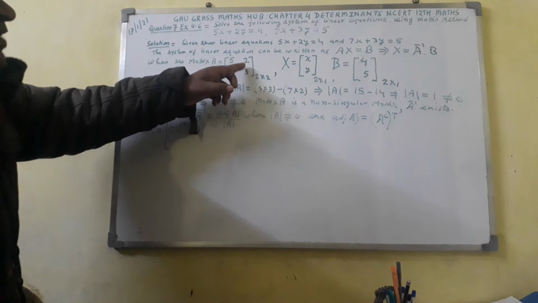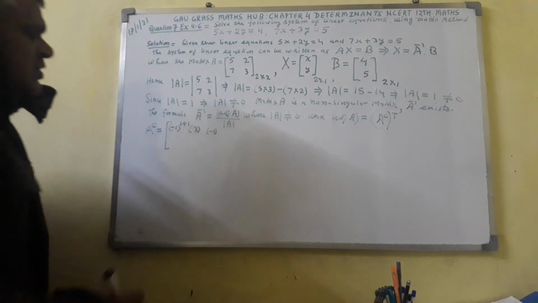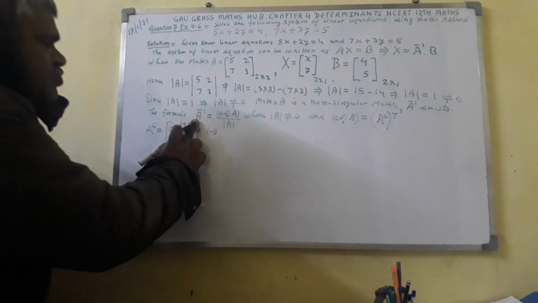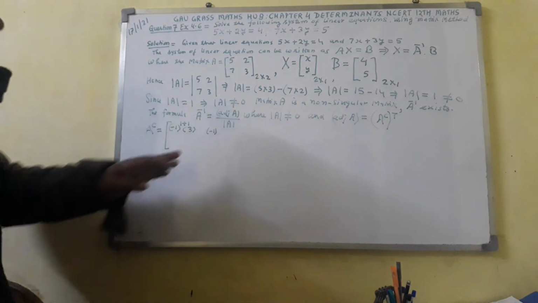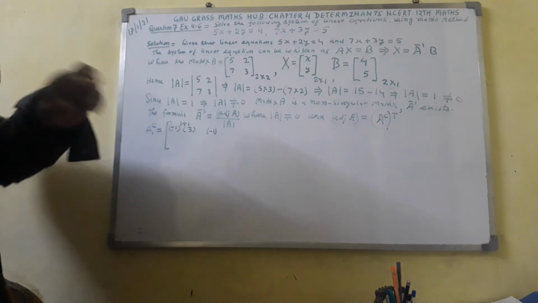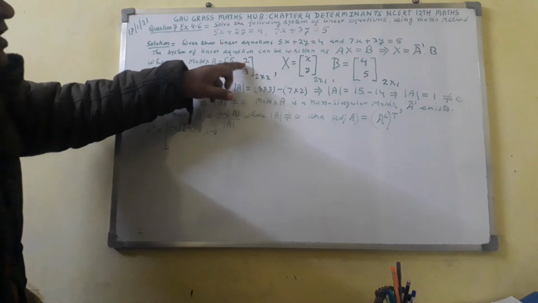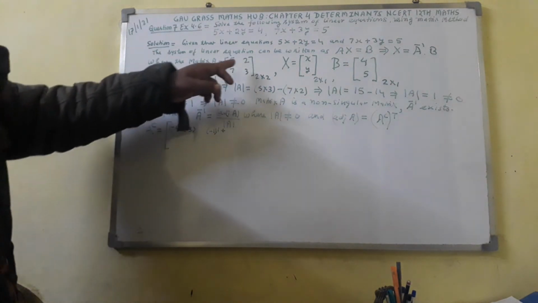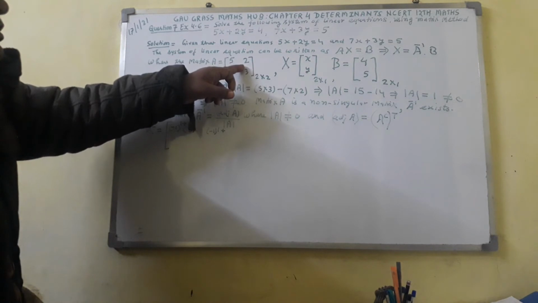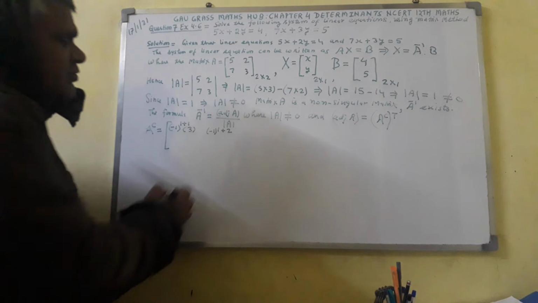Now take this element. Here write -1 raised to the power. For this element 2, 2 is there in first row. For first row I shall write here 1 plus, and 2 is there in second column. For second column write here 2.